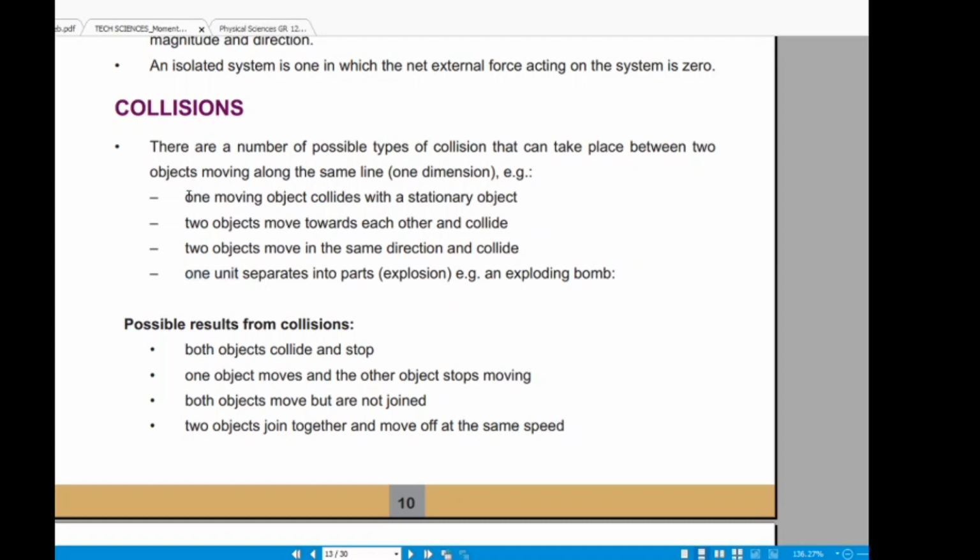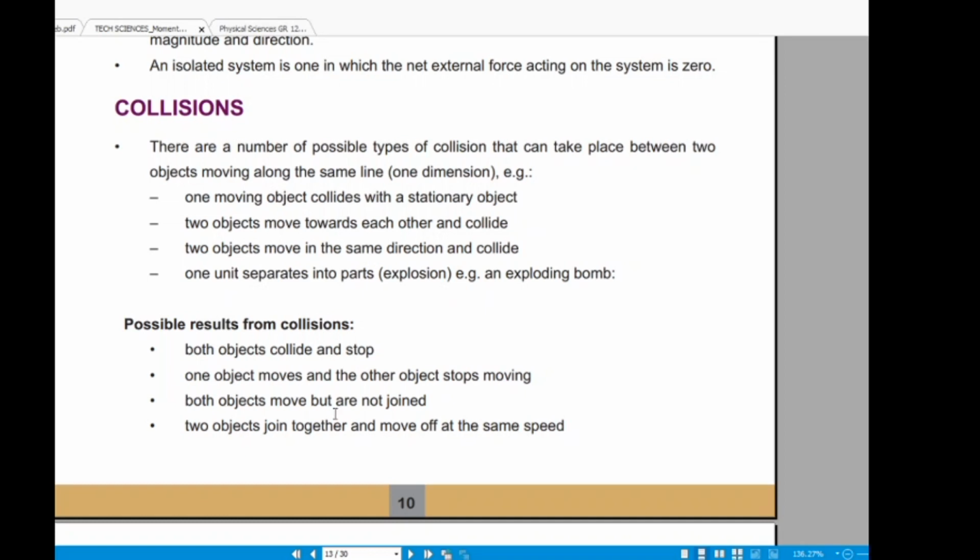So that's scenario 1. Scenario 2, it's when one object moving collides with a stationary one. In our case, in scenario 2, the ball moves towards the girl. The girl is stationary, she's not moving, but the ball is moving towards the girl, and then they collide. And then the results: scenario 1, it's an explosion.